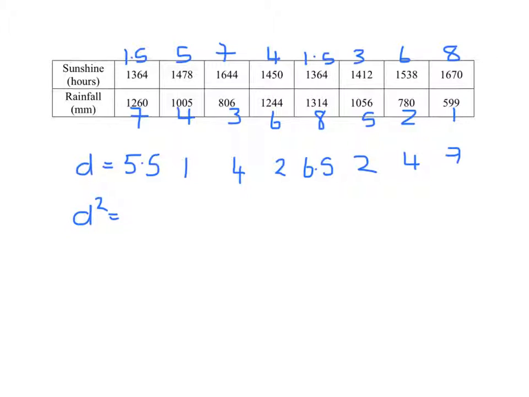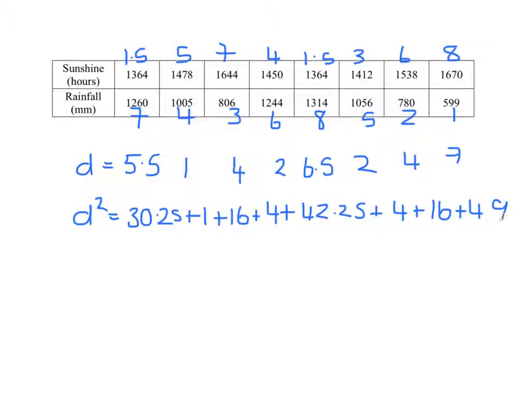So that's 30.25, 1, 16, 4, 42.25, 4, 16 and 49, and for the formula we need to add all of those together and we get 162.5.